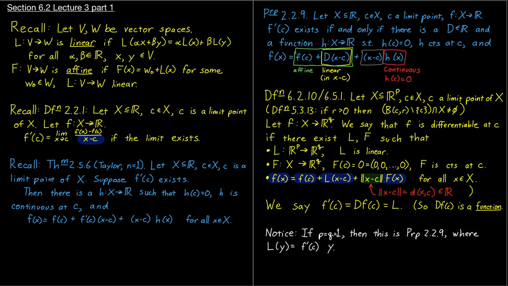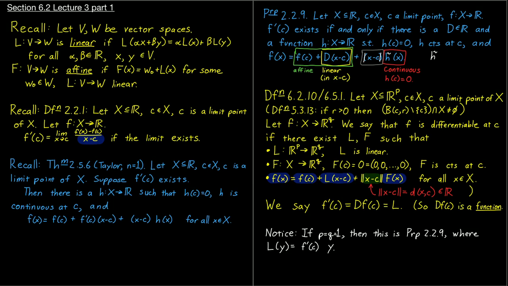You have to tweak your h a little bit to account for the fact that you're taking absolute values up here, absolute value of x minus c instead of x minus c, but you can redefine h.